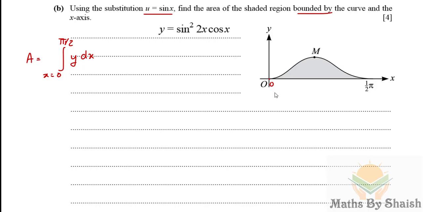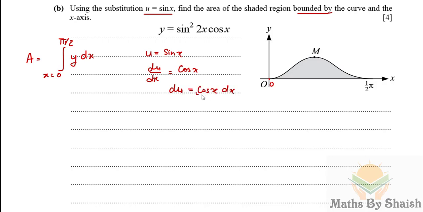This is the area, and we are going to substitute every value. Since u equals sine x, we need to convert dx also. So for that we'll differentiate it. We'll get du over dx as cos x. From here du is cos x dx.